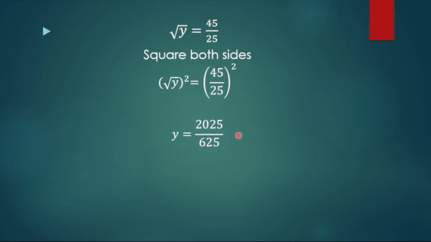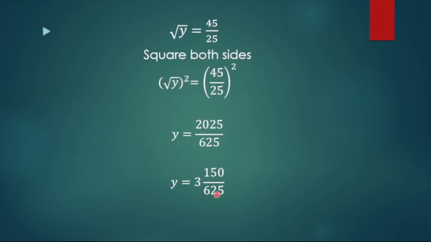Oh, sorry about what I just said. Just use 625 to divide 2025, and that will give you 150 over 625.